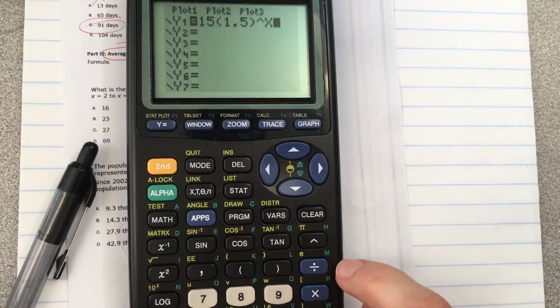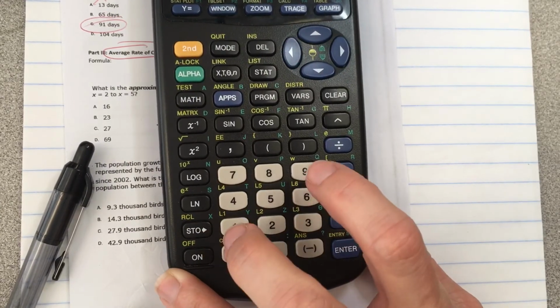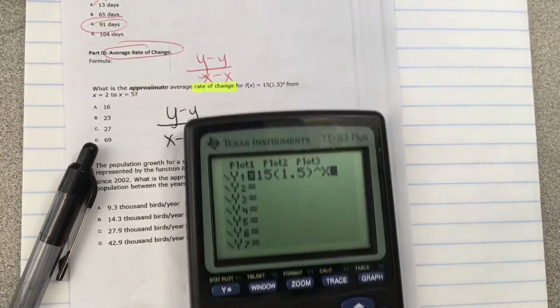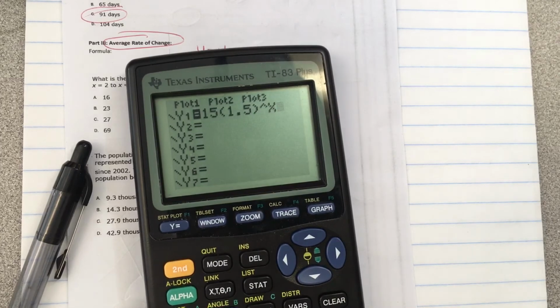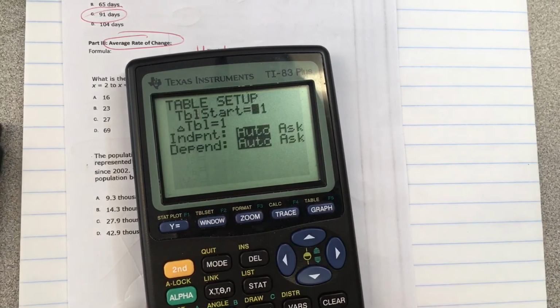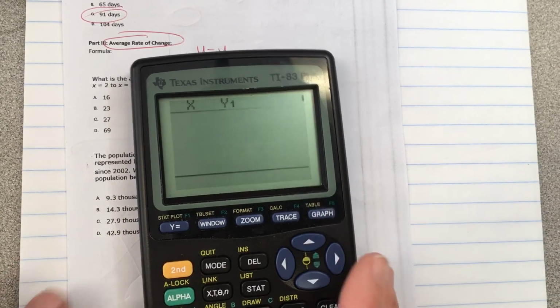So you remember you got to use your caret key right here to do the exponent, okay? So 15, 1.5 to the x, type it in. Okay, then go to second window. And what's the first x that they give you? 2. So second window, you type in 2, second graph.